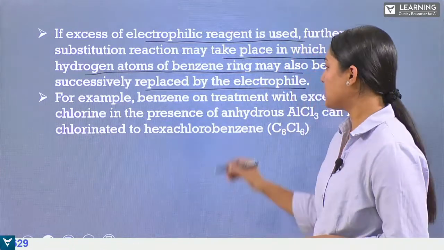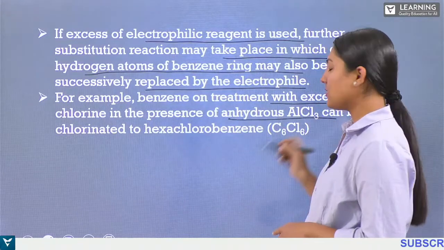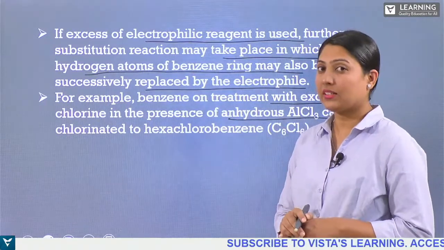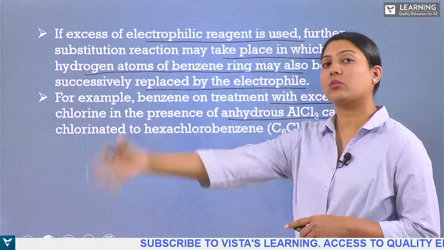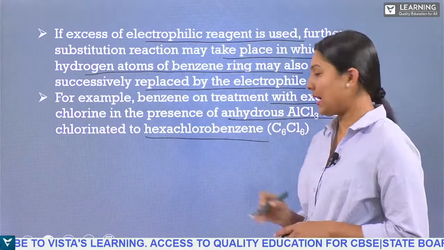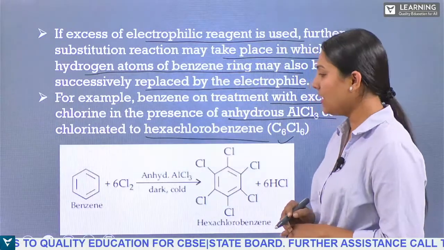For example, benzene on treating with excess chlorine in presence of anhydrous aluminium chloride can be chlorinated in such a way that all the hydrogens are removed, forming hexachlorobenzene, given by the formula C6Cl6.